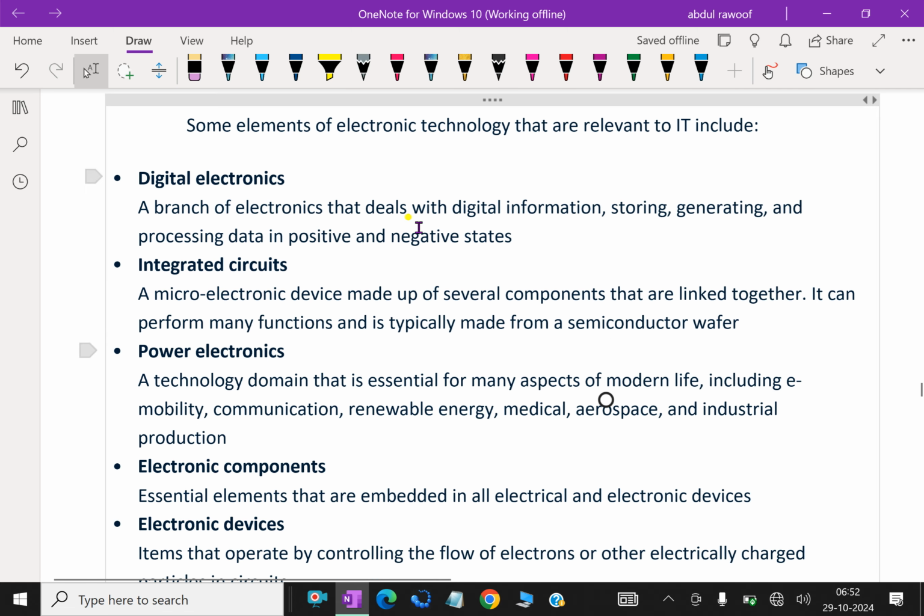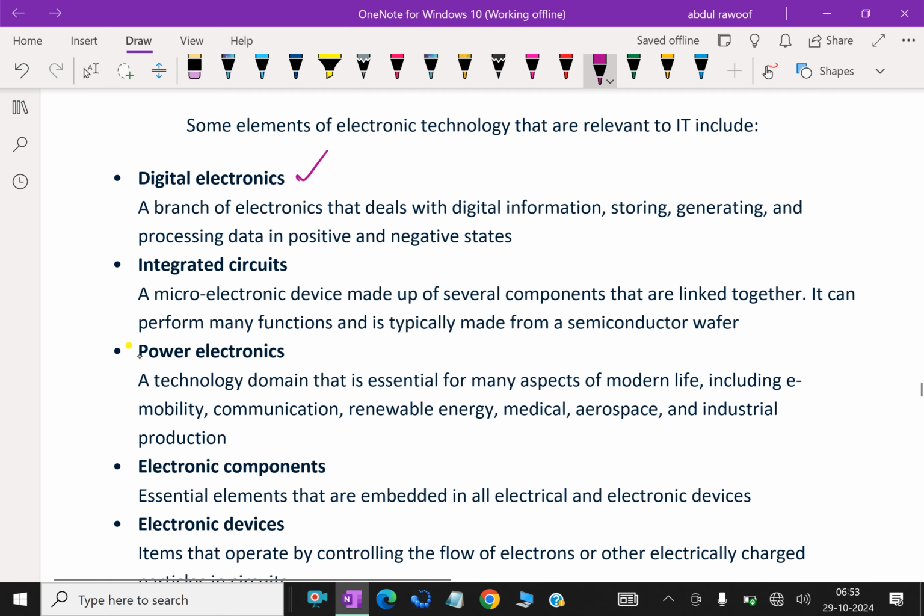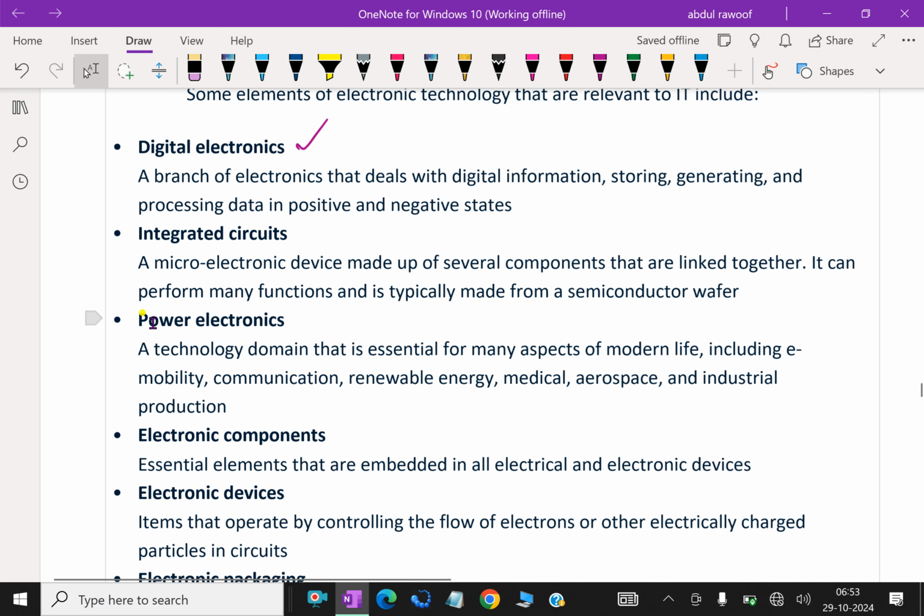Now, some elements of electronic technology that are relevant to IT include digital electronics, a branch of electronics that deals with digital information, storing, generating, and processing data in positive and negative states.